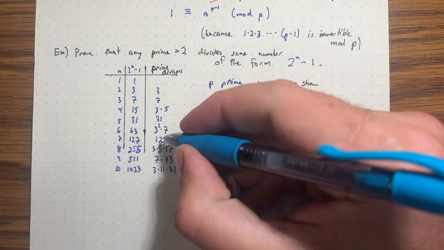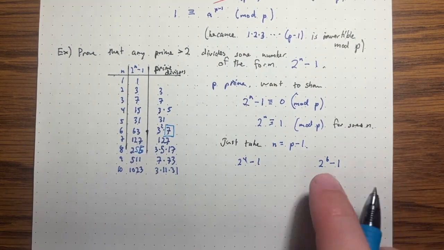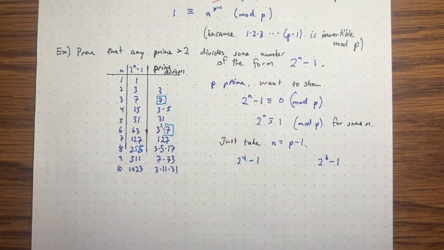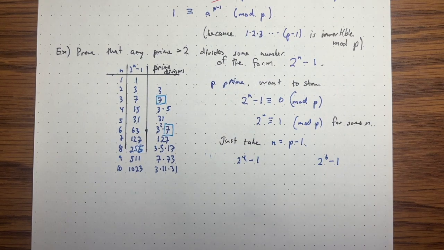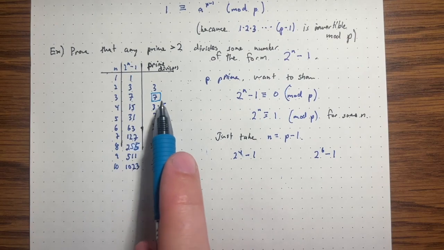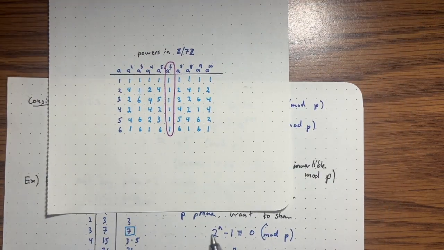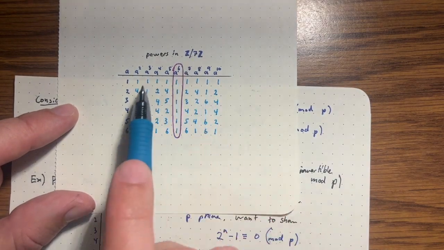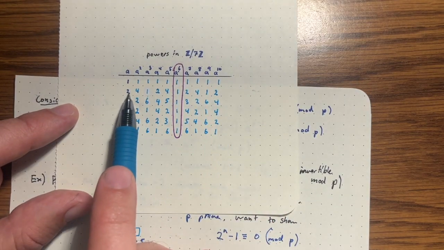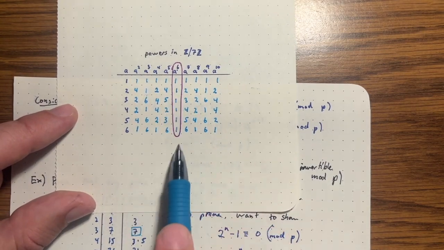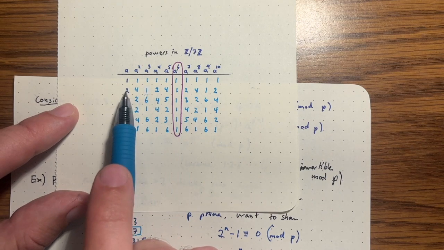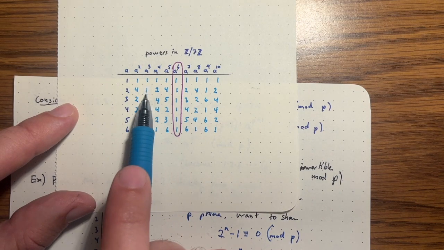Now, you might notice, that's not the first time we got a 7. We actually got a 7 earlier, right? We got a 7 all the way up there. And that's because, we can look back at our chart here. It's because when we're modulo 7, there's some numbers that actually get to 1 sooner than the 6th power. For example, if I start with 2 and take powers, it would actually get to the 1 here.